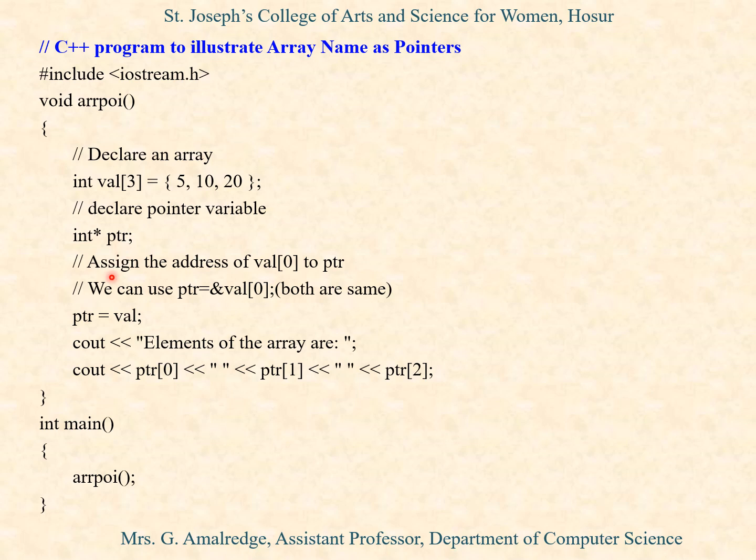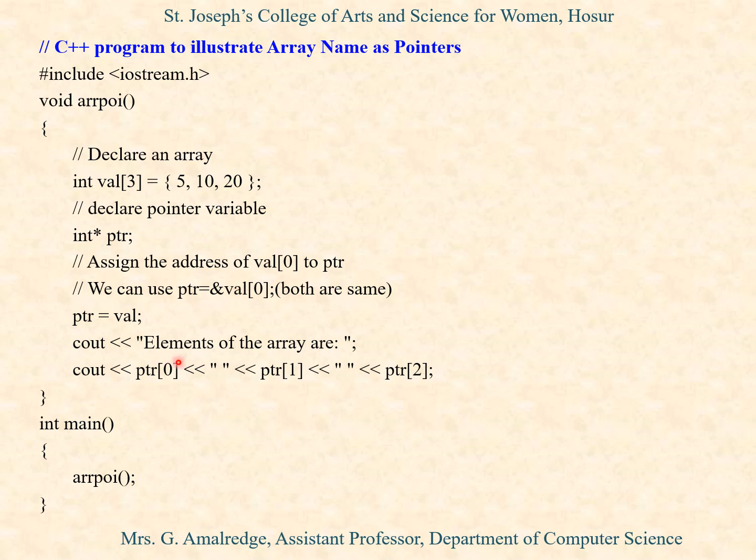Now we are going to assign the address of the first index to ptr. This can be done like this: ptr = val or ptr = &val[0], that is the first index value. Then these two statements are the same.